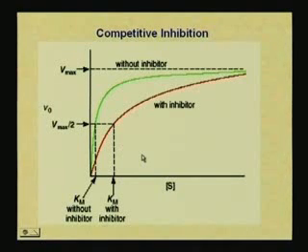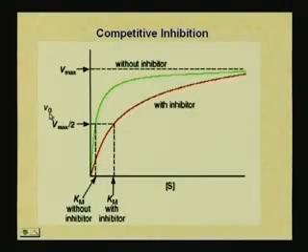Okay? Now, how does this change our Lineweaver-Burk plot? What is a Lineweaver-Burk plot? We have a 1 by V0 versus a 1 by S. Let's work on that now.